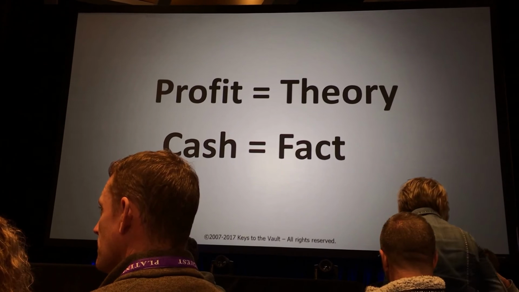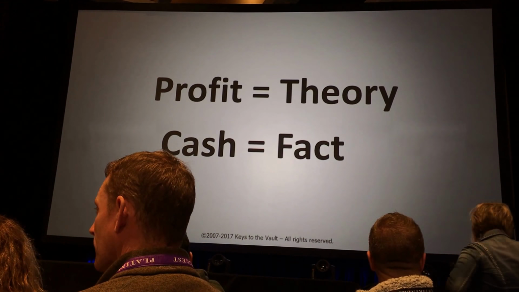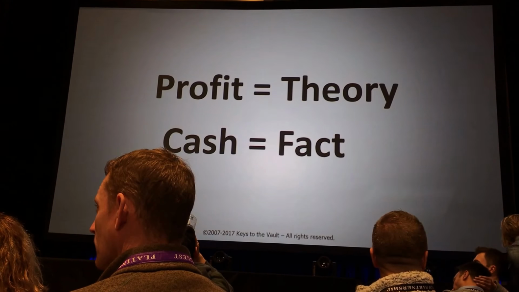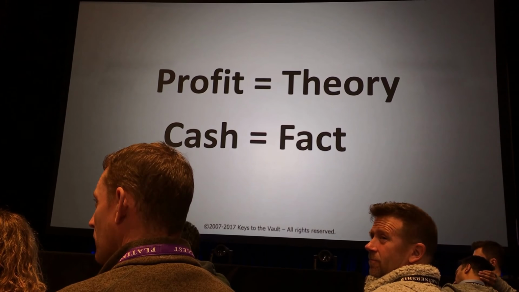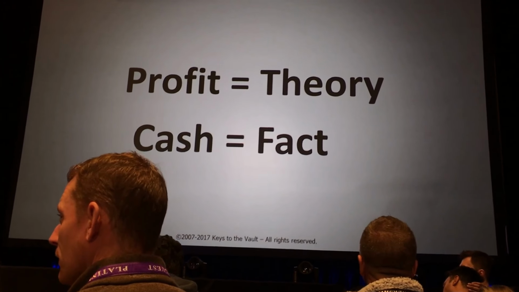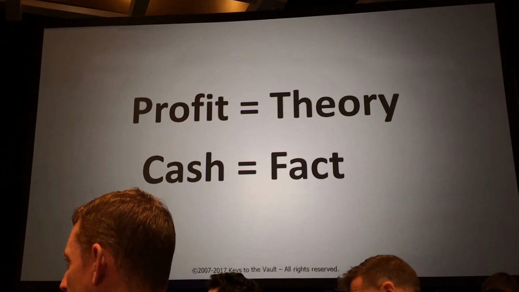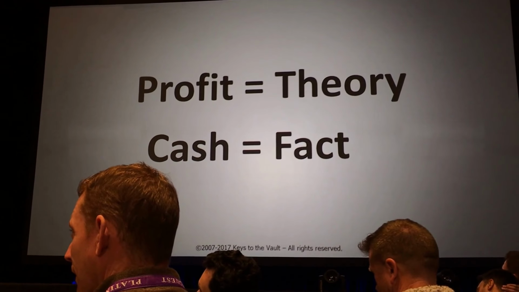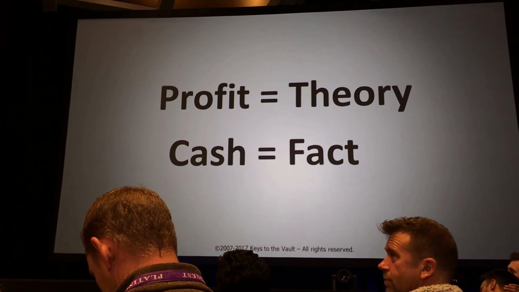spend cash. All publicly held companies every 90 days have to publish a report to shareholders. And in that report to shareholders, there are always 3 pieces of paper. Never 2, never 1, always 3. 3 pieces of paper in every 90 days.